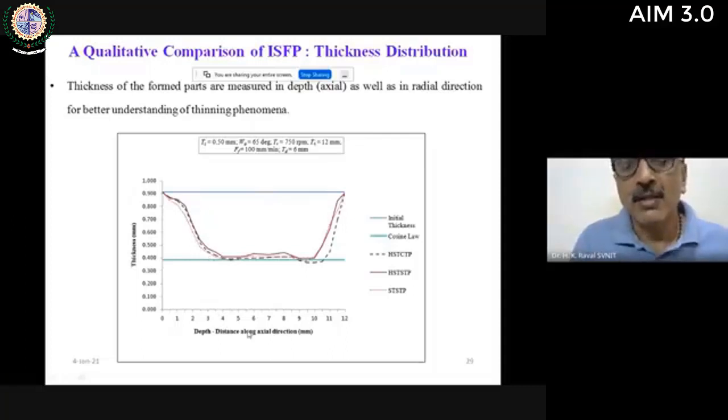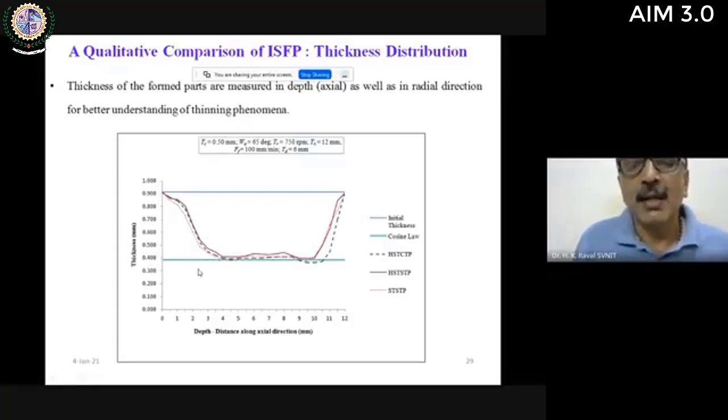This is the distance from the axis of the cup, and you will notice that the thinning is minimum at the flange, increases on the wall, and further increases, becoming maximum at the corner of the bend, and then rises again on the other side.